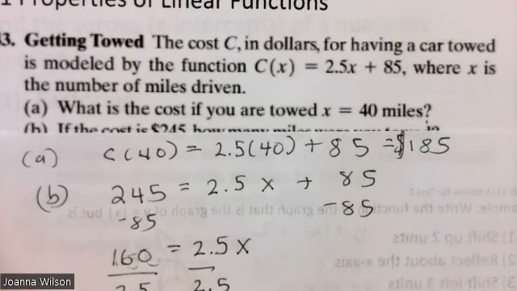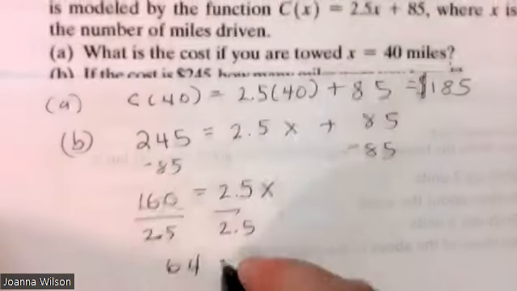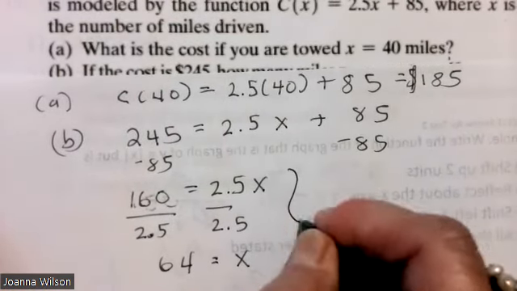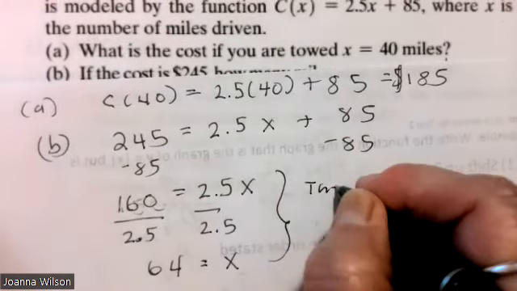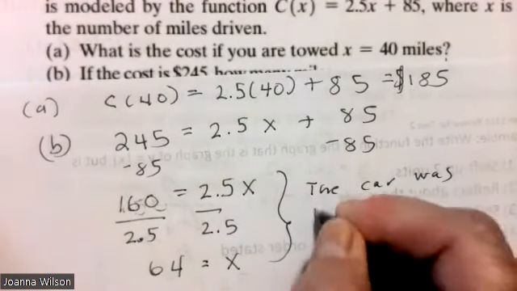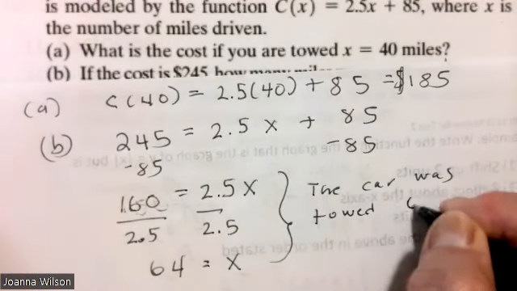And then I get x equals 64. So it's 64 miles. So the car was towed 64 miles.